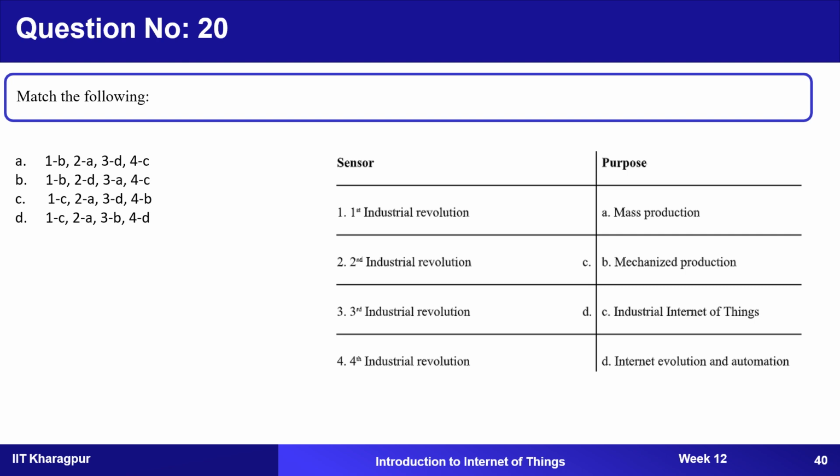One C. Okay, so in the first industrial revolution, you were not using industrial Internet of Things. Industrial Internet of Things is associated with your fourth industrial revolution.